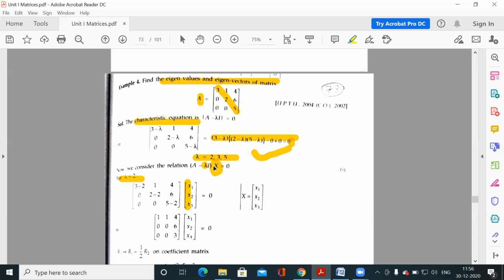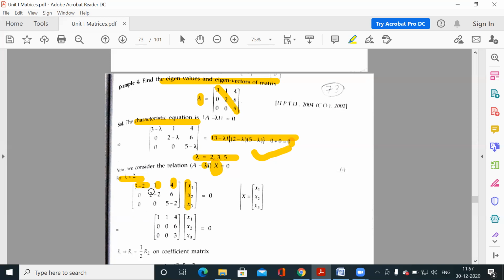So for A minus 2I, you have to subtract 2 from the diagonal. So 3 minus 2 is 1, then 4, next 0, 2 minus 2 is 0, 6, then 0, 0, and 5 minus 2.